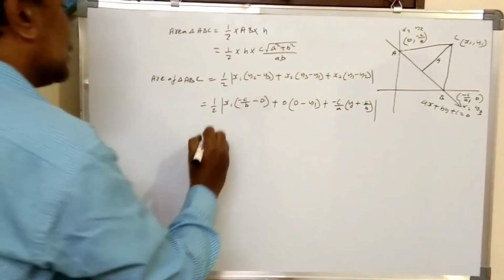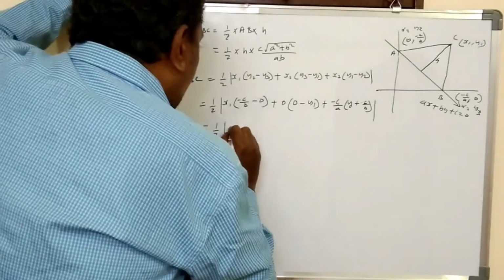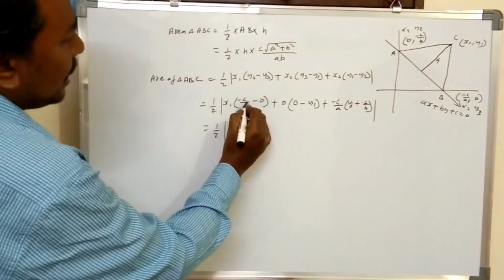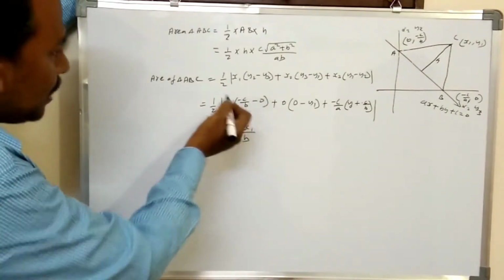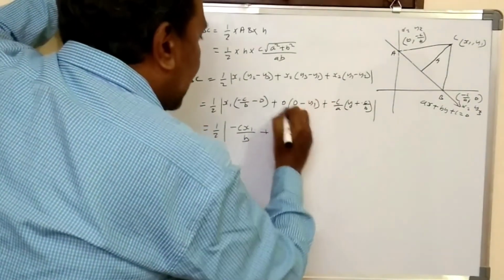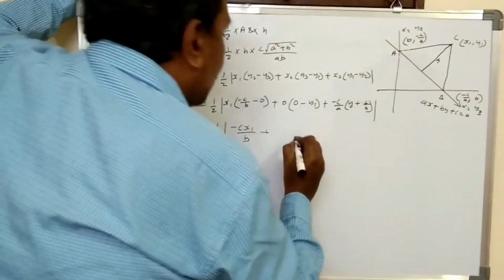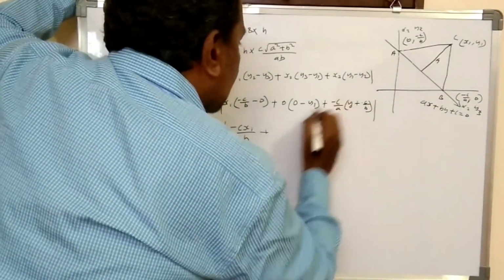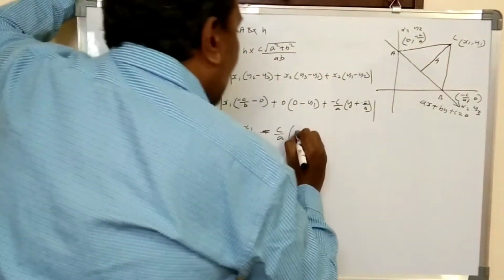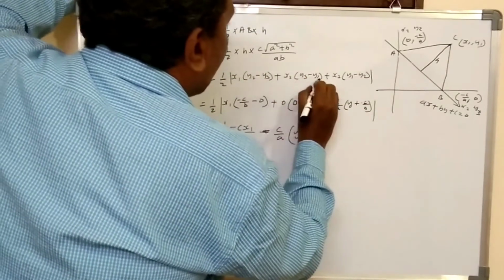Simplify this, that becomes minus c x1 by b, and this entire term becomes 0, so ignore this. Next, what about this one?